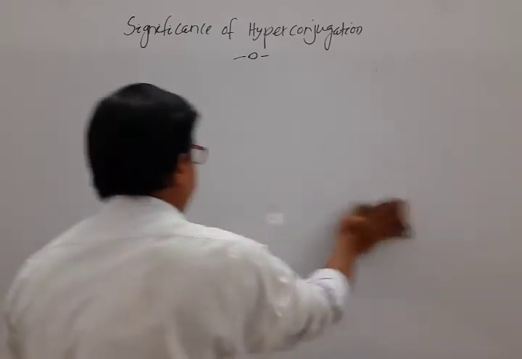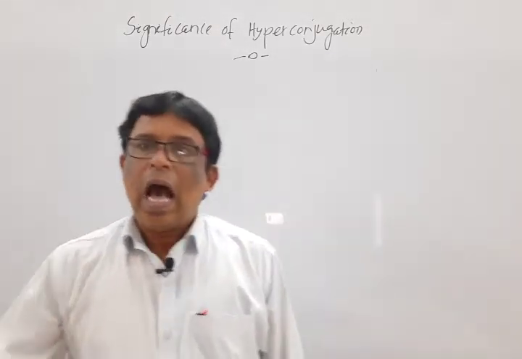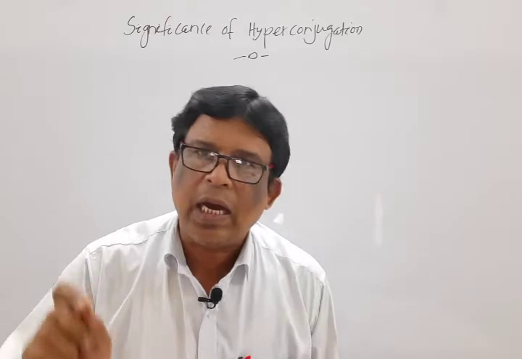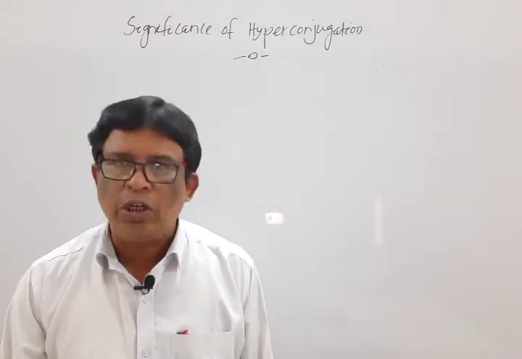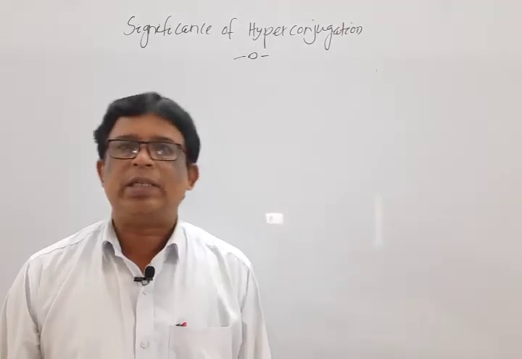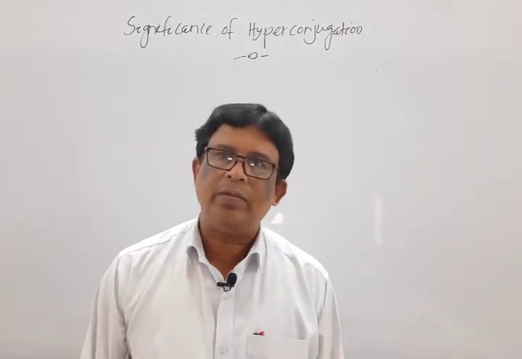Second application is the stability of alkene. That means the higher the number of alkyl groups attached to the carbon-carbon multiple bond, the higher is the stability of that alkene.